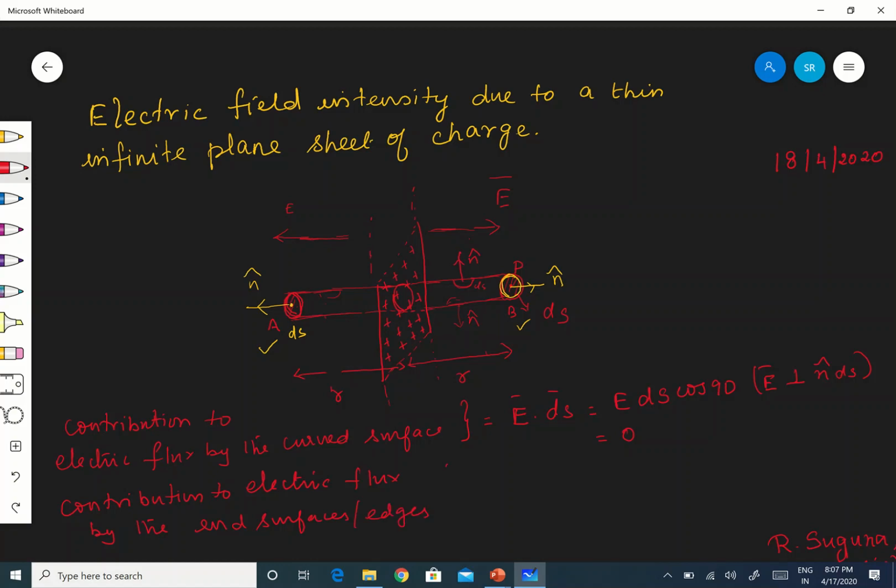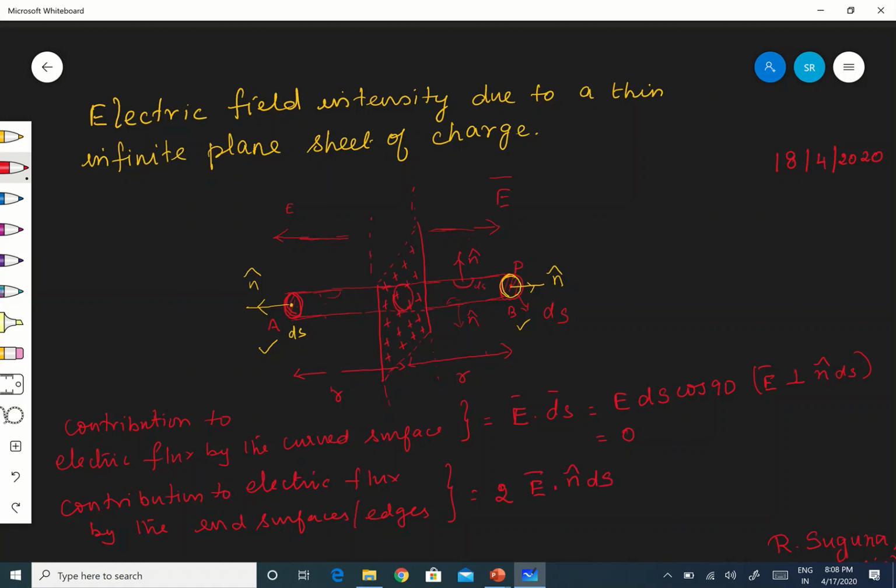Here E and ds are in the same direction: at A both are towards the left and at B both are towards the right. Both are giving contribution to electric flux, right? Therefore I can write this as two surfaces, so 2 times E dot n ds.